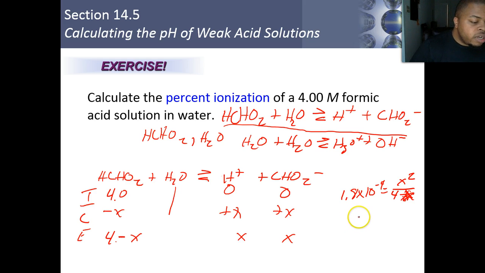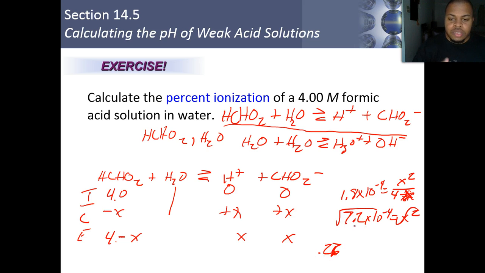Once I do, I'm going to end up with approximately 7.2 times 10 to the negative 4 equals X squared. Square root of both sides. I'm going to get 0.268, or 0.27. I'll go ahead and do it that way. 0.27 equals X.